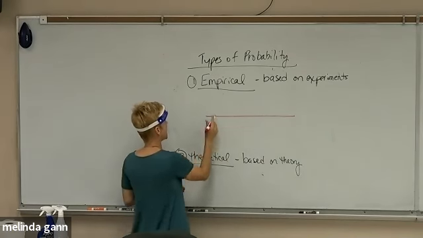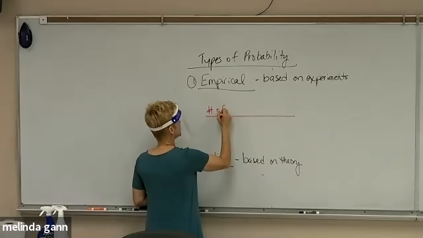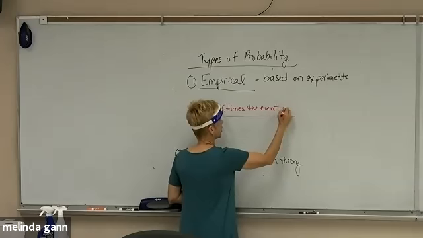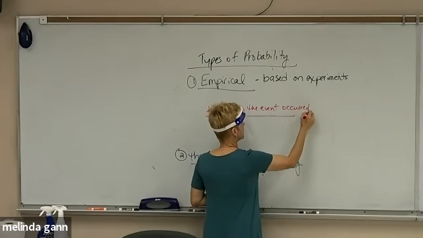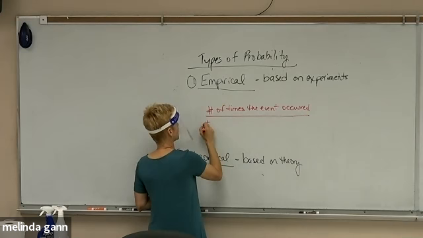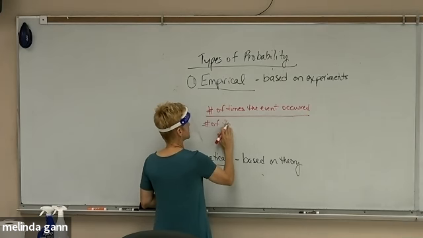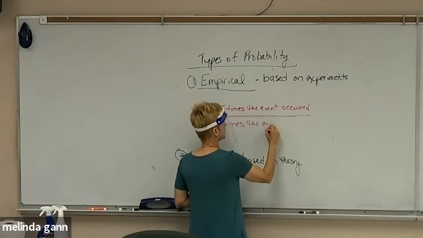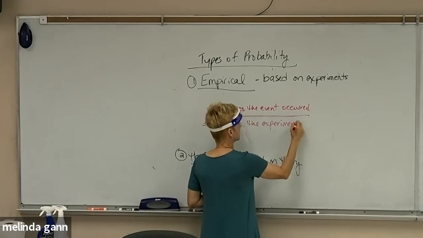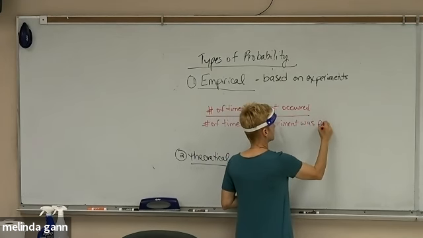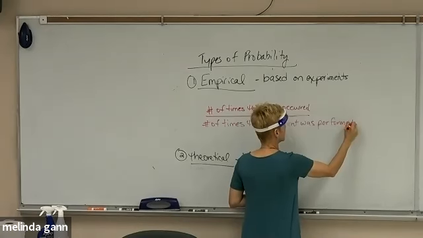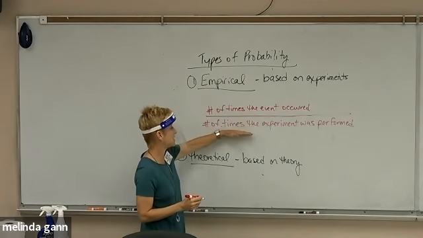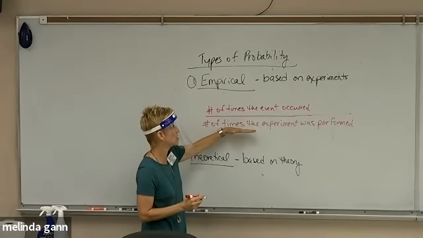On the top, it's going to say number of times the event occurred. And on the bottom, it's going to say number of times the experiment was performed.